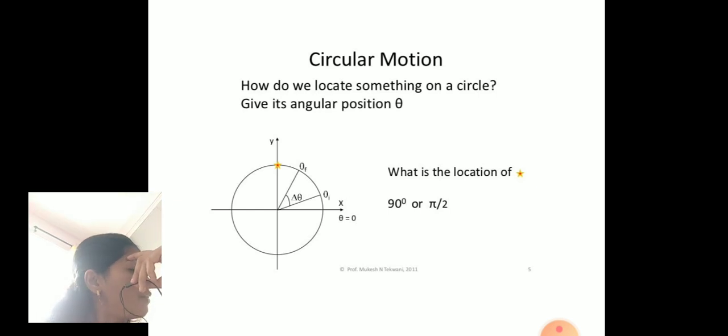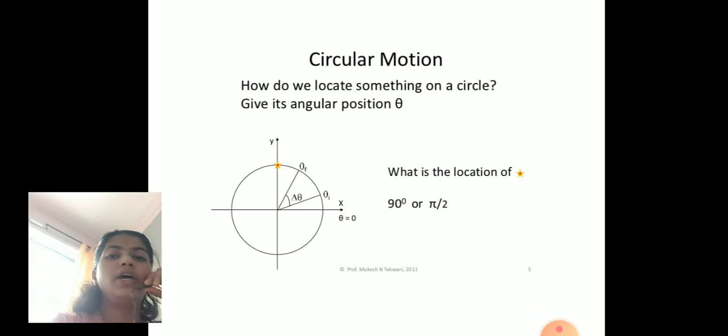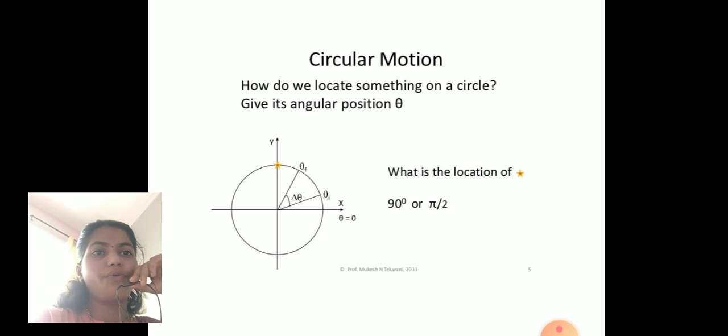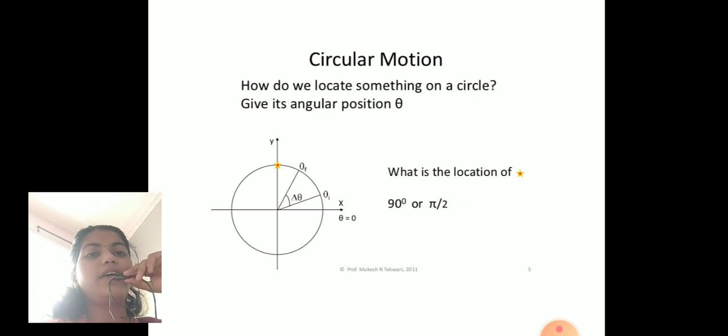We have to define the circular motion in a particular way. Here we can't use the meter or centimeter scale because the circular path is not a straight line path. So which scale do we use for measuring circular motion?